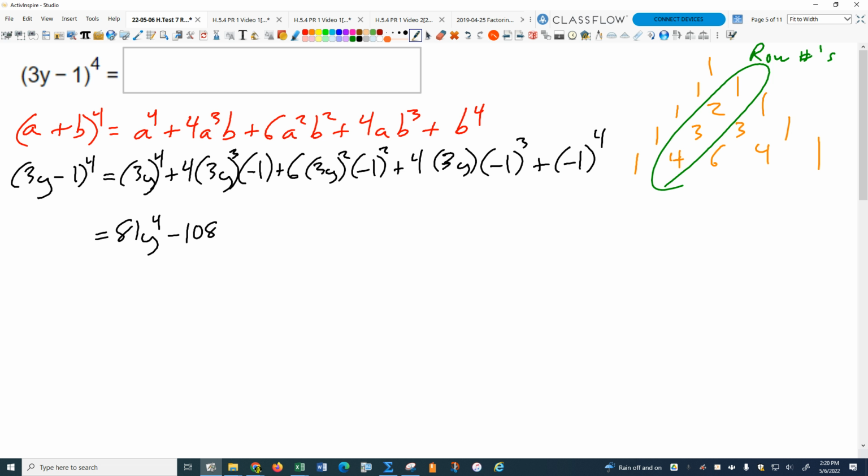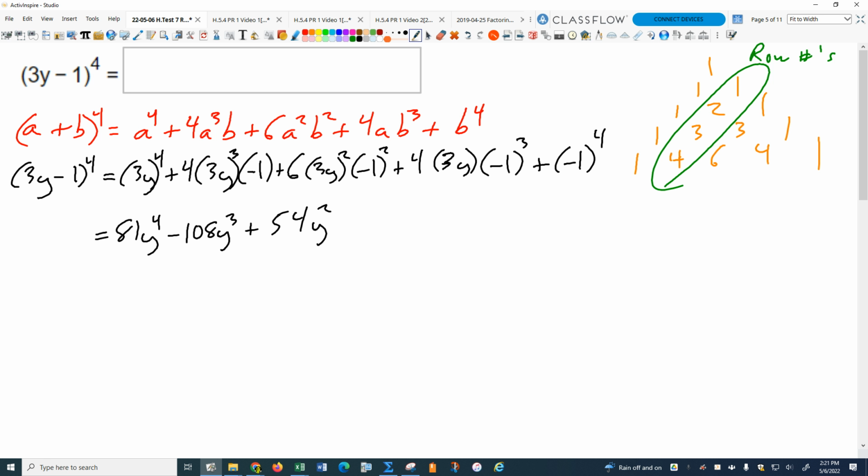What power of y? 3, because I have to take 3 cubed times y cubed. Everybody seeing that? And I should get a polynomial in standard form. Plus, that's going to be a plus this time because my negative 1 squared just becomes a 1. And then I'm getting 9 times 6 is 54y squared.